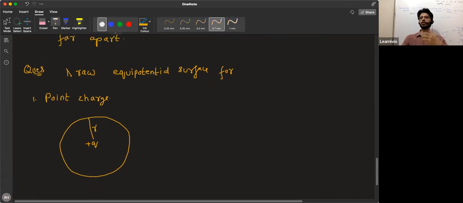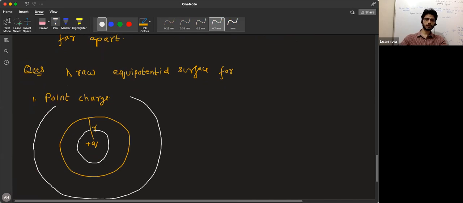Now we can draw many equipotential surfaces, like the first, the second, or the third equipotential surface. Can anyone explain why, as we move away from the charge, the separation between the surfaces is increasing?